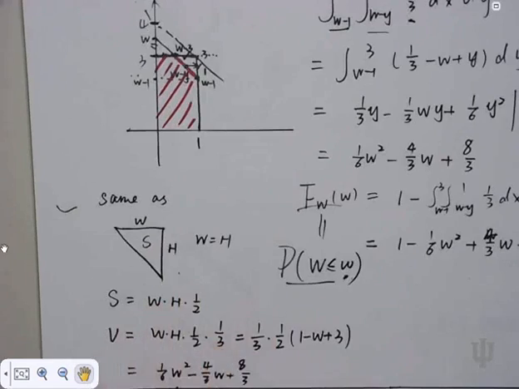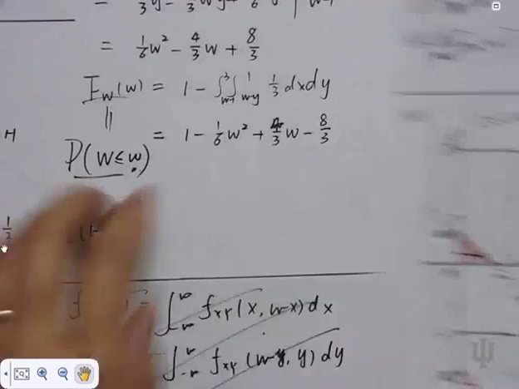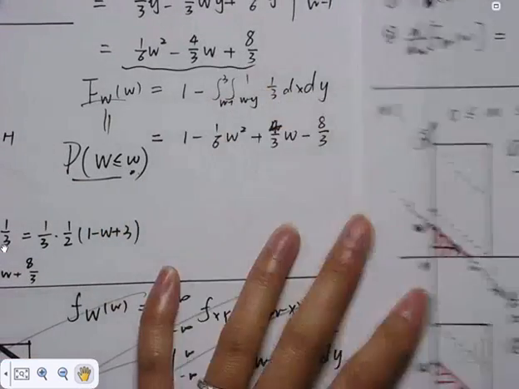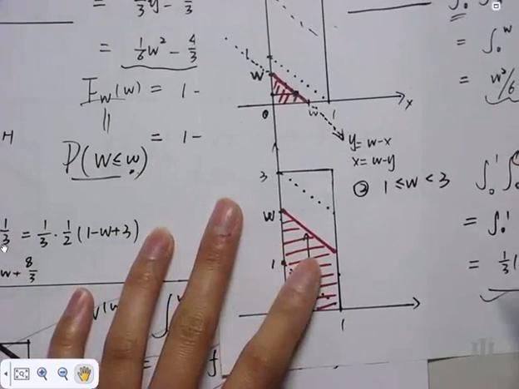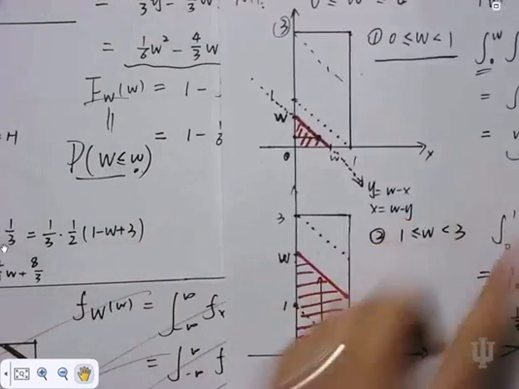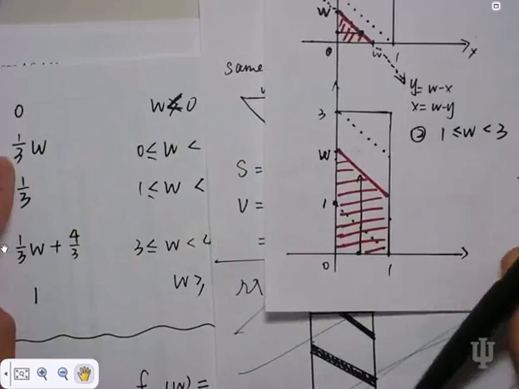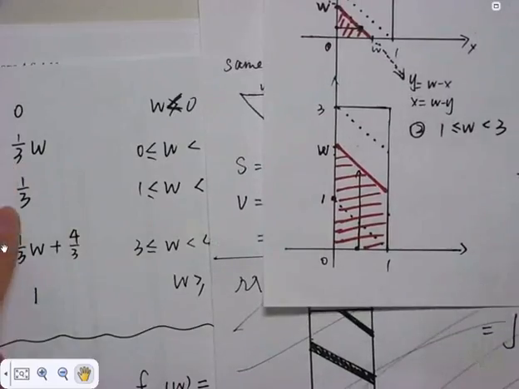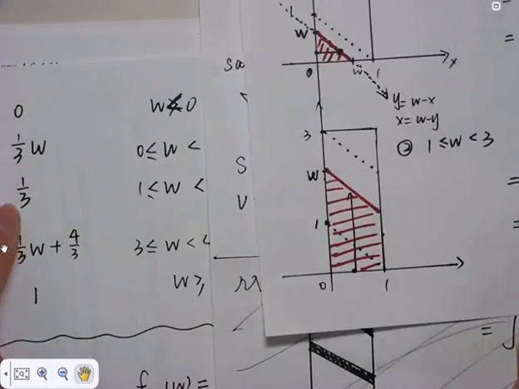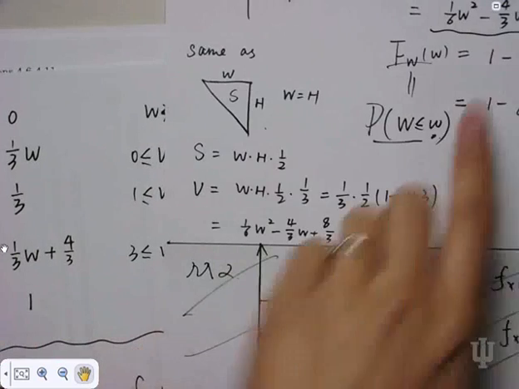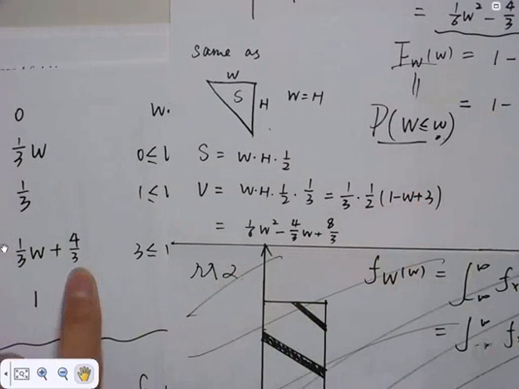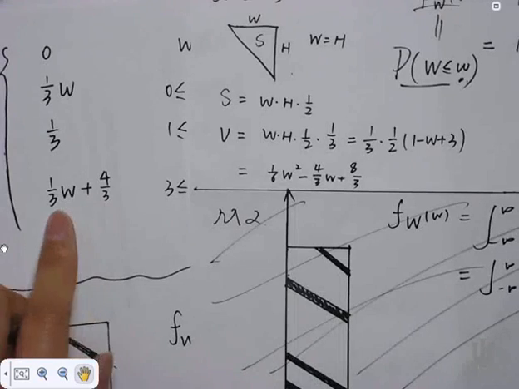And we saw the different functions here, here, here. I do the derivative and I'll get 1/3 W here, and a constant value 1/3, and this gives me 4/3, and this.